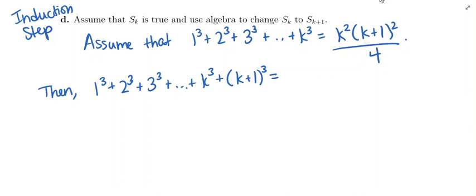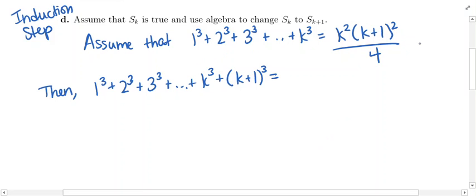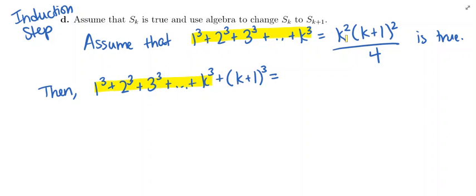Okay, so let's go back over here. Now it's time to use our assumption. We are assuming that this is true. Well then we're going to match it up with this left side here. We know if we add the first k cubes, that's going to be this. So what I have highlighted in yellow is equal to k squared times k plus 1 squared over 4 by assumption.